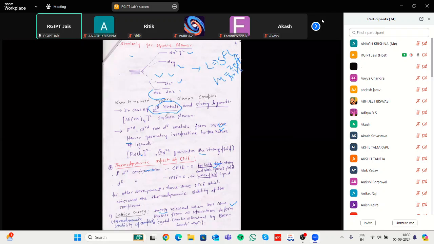In this case we can count a d8 metal like nickel. This nickel complex has a high charge, as well as the ligand attached, CN, is a strong field ligand. That's why it forms a square planar complex.